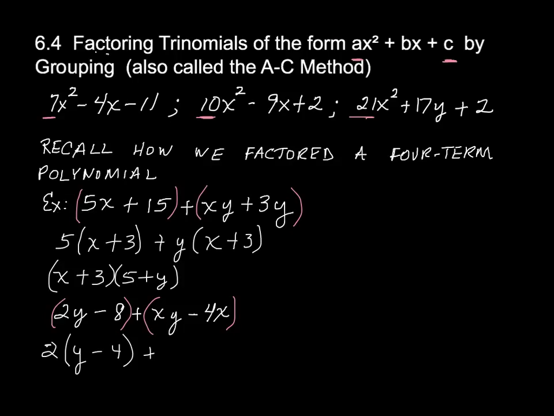And in the second binomial, we can factor out an x, and it will leave us y minus 4. And then we take our y minus 4, which is common to both of them, and then we're left with 2 plus x. So we have taken a 4-term polynomial and grouped it and ultimately factored it. Okay? We've done those before.